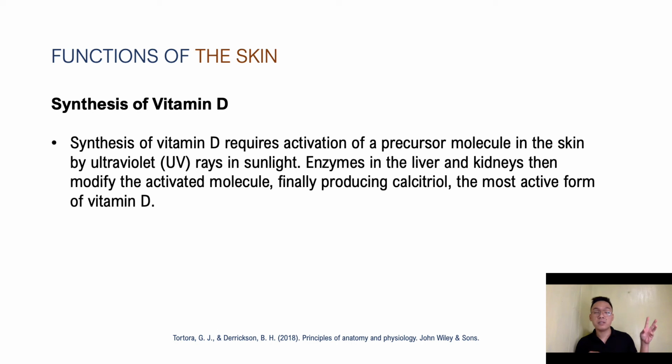So the UV rays will hit your skin, thus promoting the creation of vitamin D. Enzymes in the liver and kidneys then modify this activated molecule, thus producing calcitriol, the most active form of vitamin D. Calcitriol is a hormone that aids in the absorption of calcium from foods in your gastrointestinal tract into the blood, and only a small amount of exposure to UV light is required for this vitamin D synthesis.